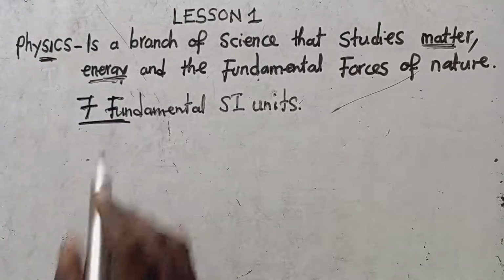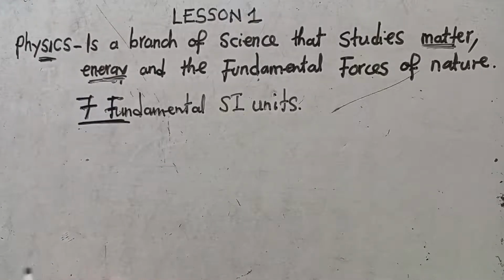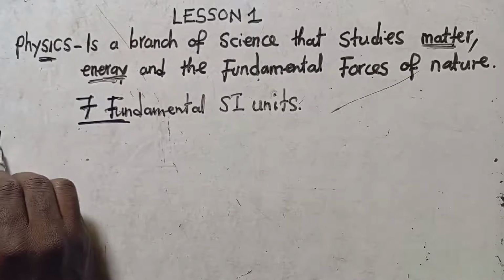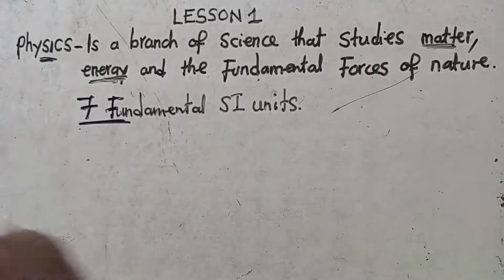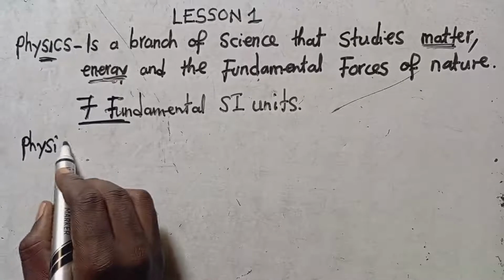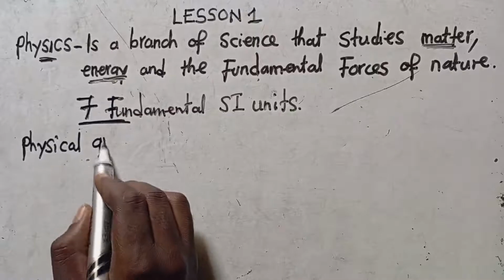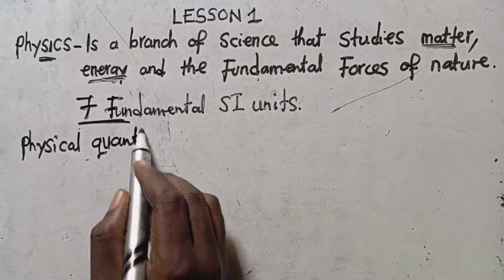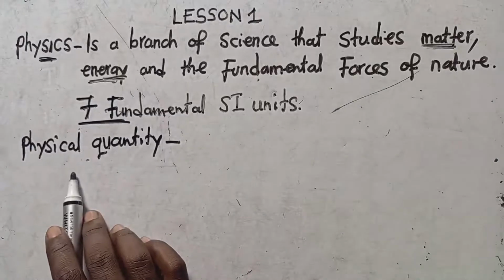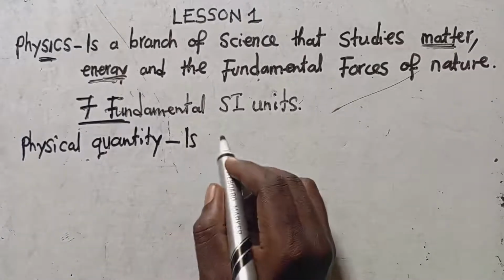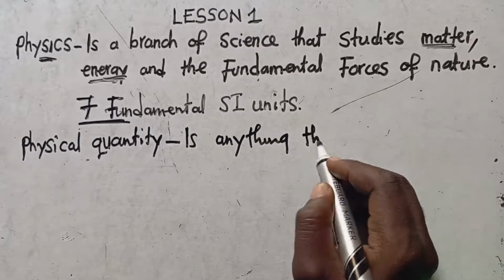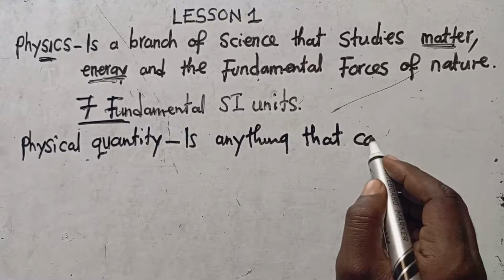Before we look at these fundamental SI units, you need to understand what a physical quantity is. What is a physical quantity? In physics, each time we are talking about a physical quantity, you need to understand that a physical quantity is anything that can be measured.